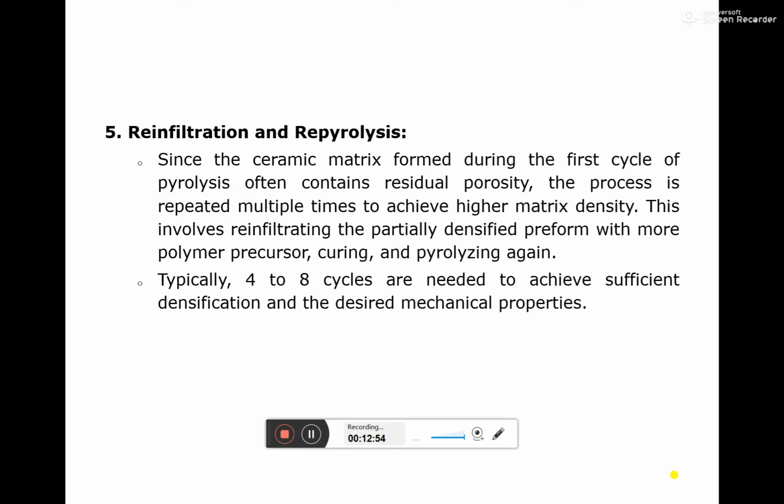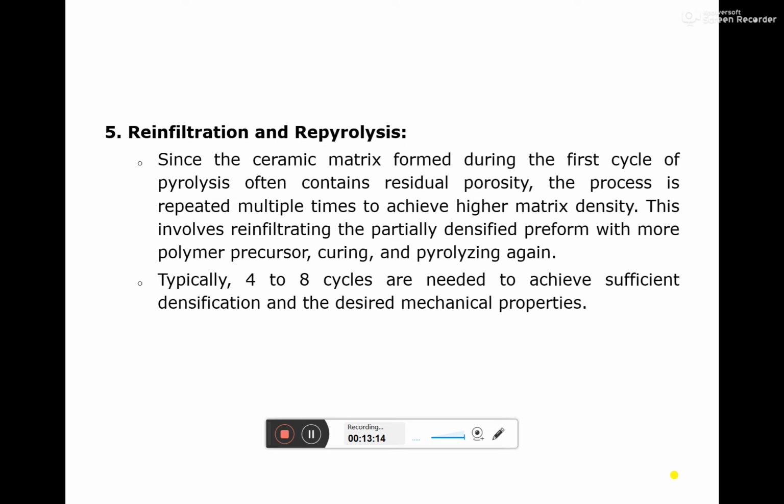To get the densified ceramic matrix composite material, a minimum of 4 and a maximum of 8 cycles are required.